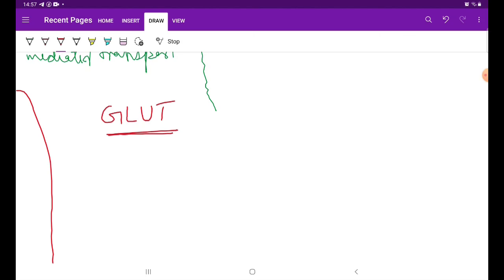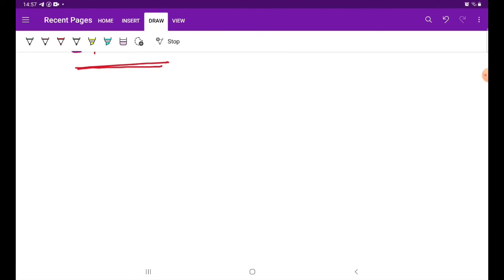Okay, so let's discuss one by one. GLUT1 is expressed constitutively, ubiquitously.